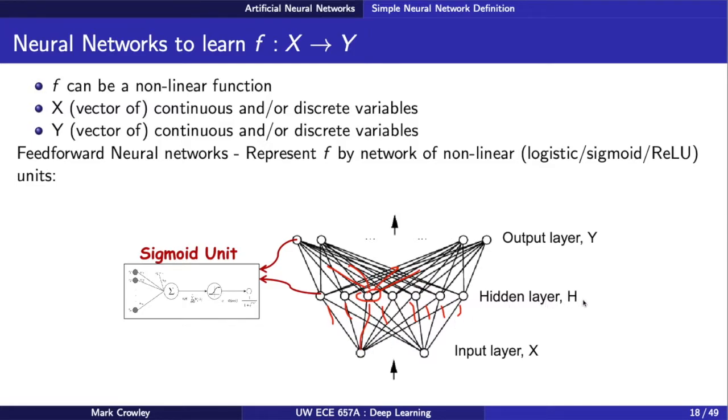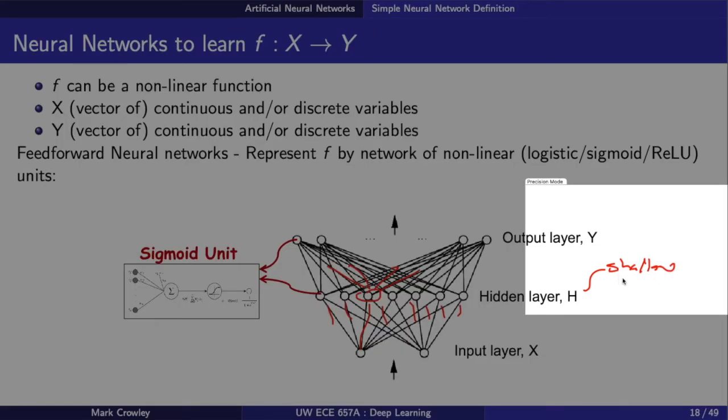And really, that's the part that it's shallow. Shallow kind of means that these hidden layers are like, I don't know, 1, 2, maybe 3. That's shallow. And then deep is more than that, right?